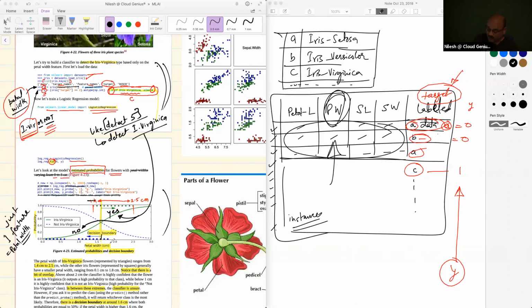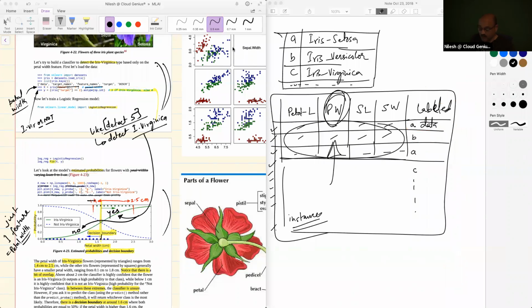So if the petal width is somewhere below this line, in that direction, I mean, it is less than 1 point some number here, 1.6 maybe. Actually, what's the number here? Let's read that carefully. So I'm erasing my red markings again to reduce clutter and read what the markings actually say.